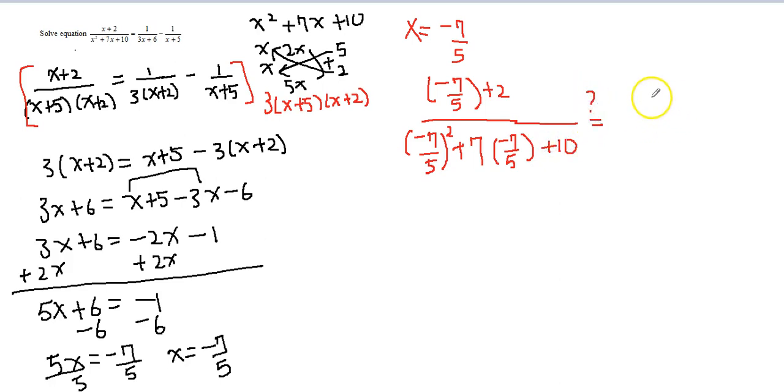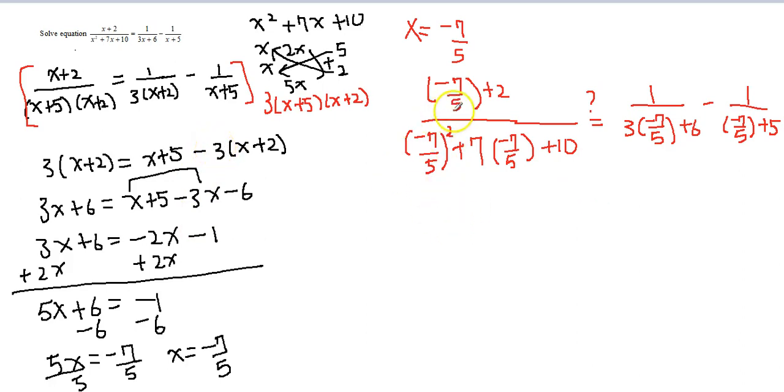Is this equal to 1 over 3 times minus 7 over 5 plus 6, minus 1 over minus 7 over 5 plus 5? I'm just going to go through and make sure that this is the right answer.